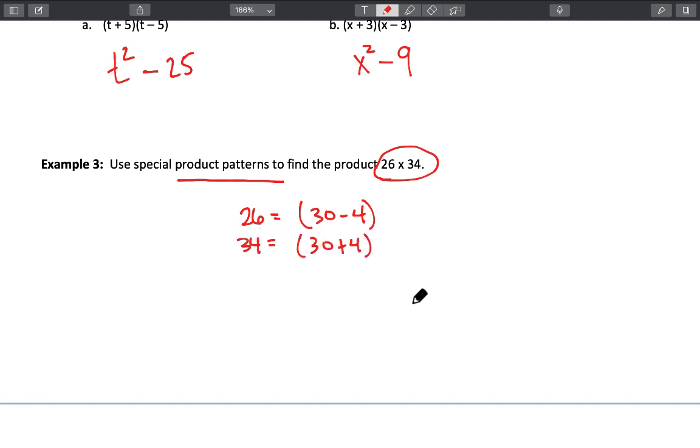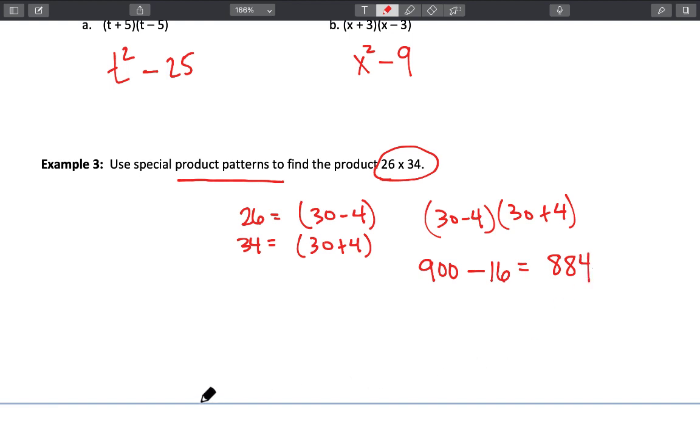These are conjugates. So 26 times 34 is the same as 30 minus 4 times 30 plus 4. When we multiply these, we just do 30 squared, which is 900, minus 4 squared, which is 16. So 900 minus 16 is 884.